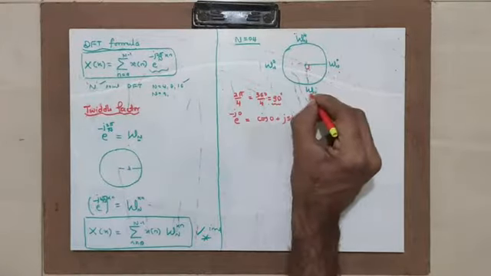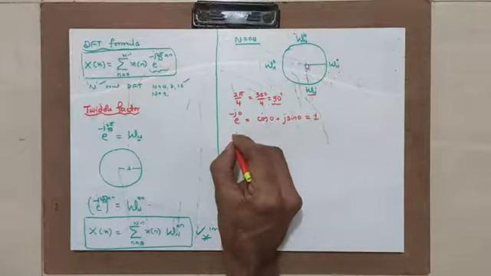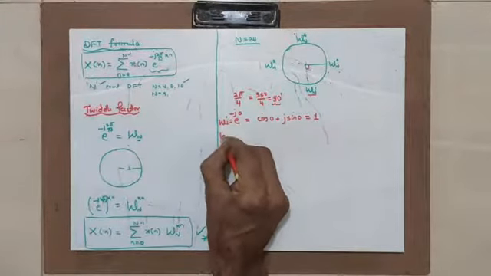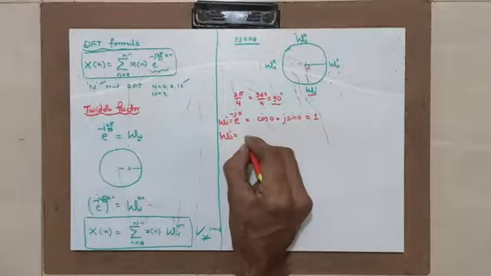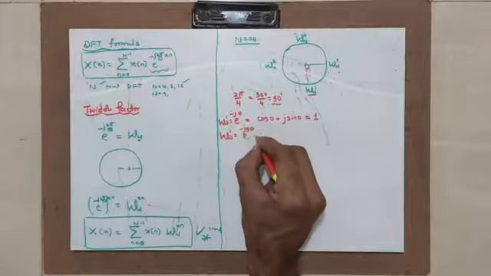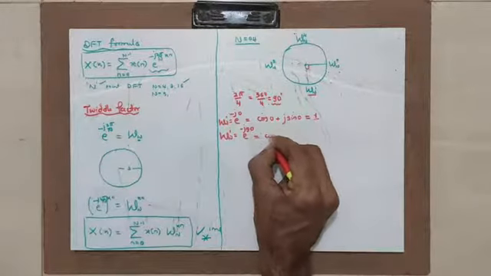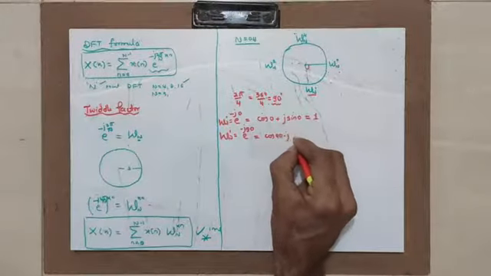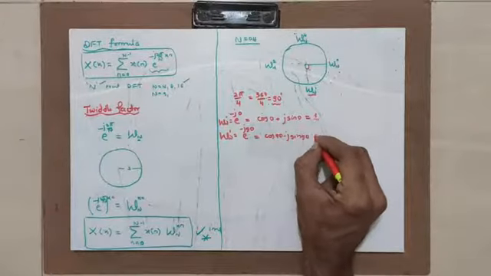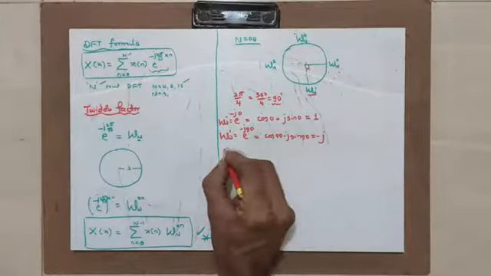Similarly, next, how to calculate W1? W1 is e raised to minus j 90, that is cos 90 minus j sin 90. Sin 90 is 1, cos 90 is 0, hence my answer became minus j.